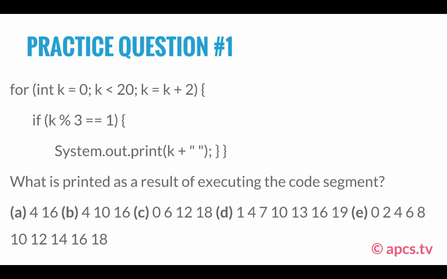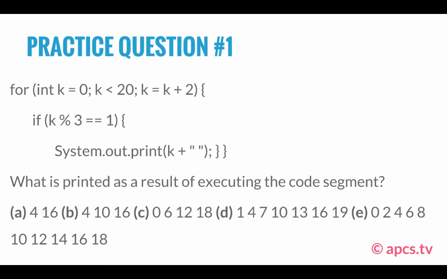But what we need to understand is that the values of k when we're iterating this loop will be 0, 2, 4, 6, 8, 10, 12, 14, 16, and 18. And now what we're trying to test is for every value of k that when divided by 3 leaves a remainder of 1, we're going to print out k.